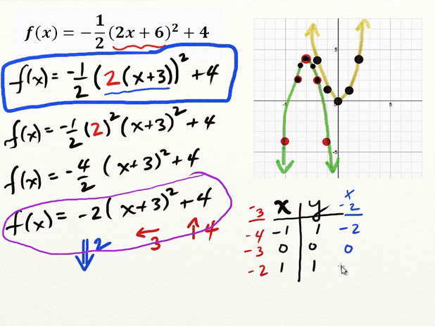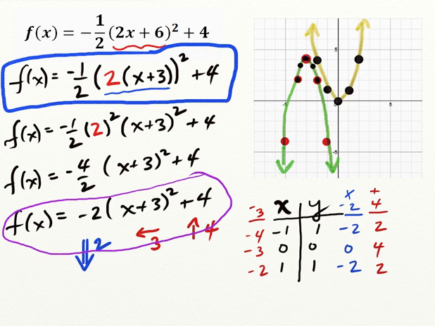And 1 times -2 is -2. Okay. Last but not least, the vertical translation up of 4. So I'm going to take the red 4 and add 4 to all of these values. So -2 plus 4 is +2. 0 plus 4 is 4. And -2 plus 4 is +2.